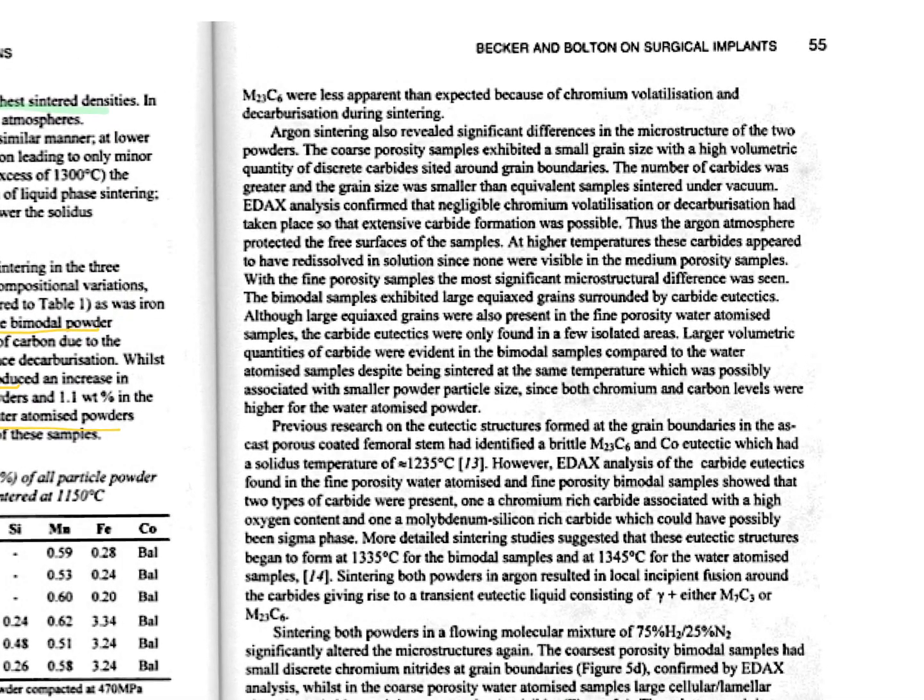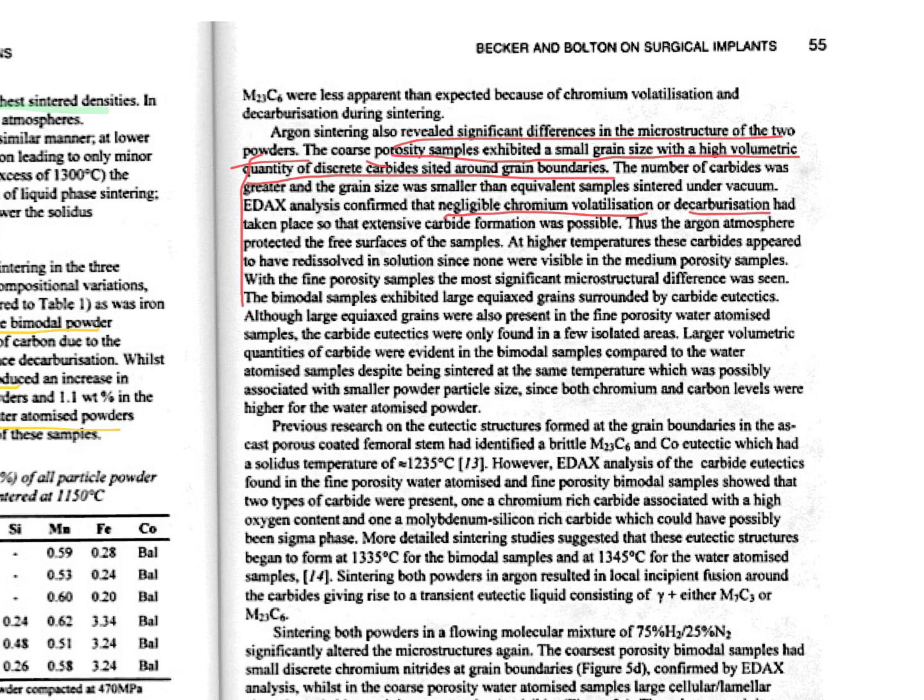All right, and then argon: significant differences in microstructure of the two powders. Coarse powder samples had small grain size with a high volumetric quantity of discrete carbides sited around the grain boundaries. And it's different from what happened under vacuum. It should make sense, because chromium volatilization is not going to happen as easily, neither is decarburization under these argon sintering conditions.